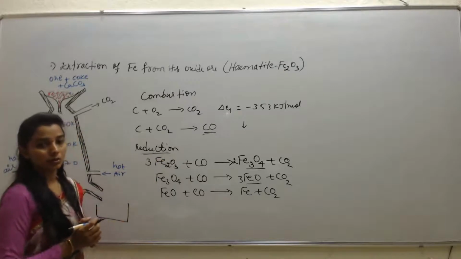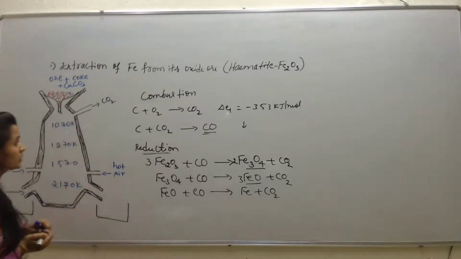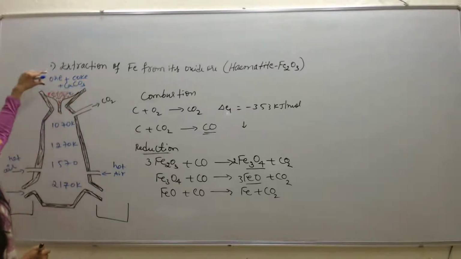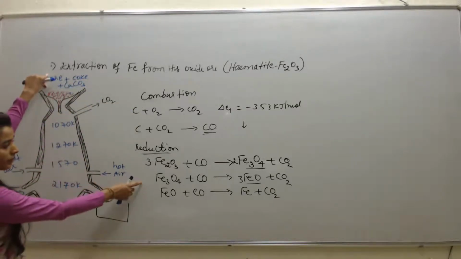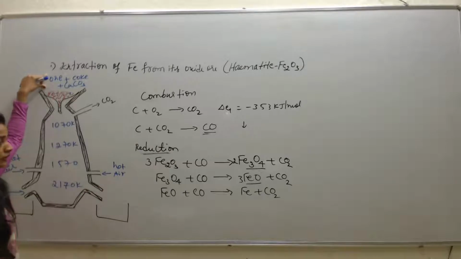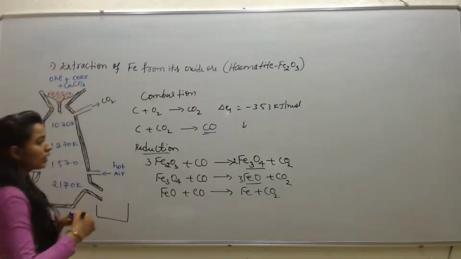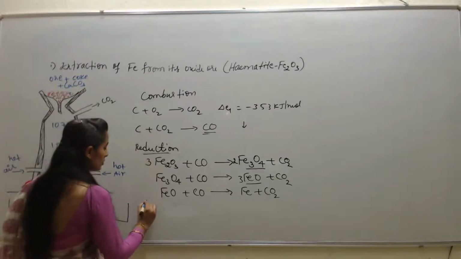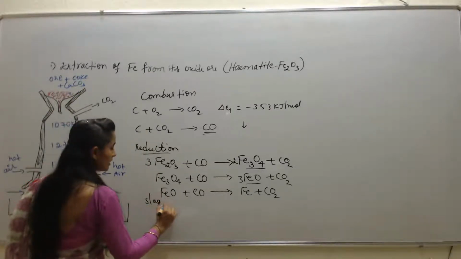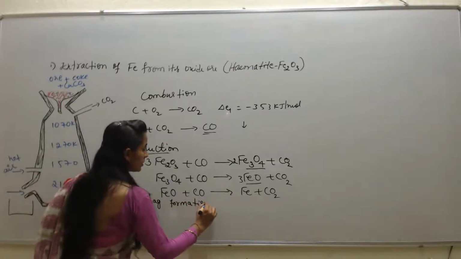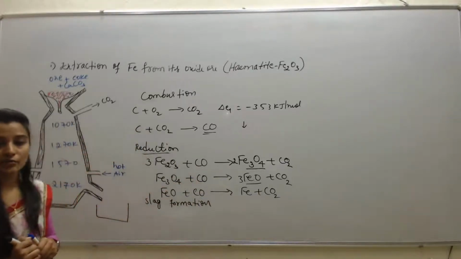Along with the students, we wrote the reaction for combustion, that is coke, and we did the reduction reaction for iron. Another one is there, that is CaCO3. Another zone is there, that is the zone of slag formation.